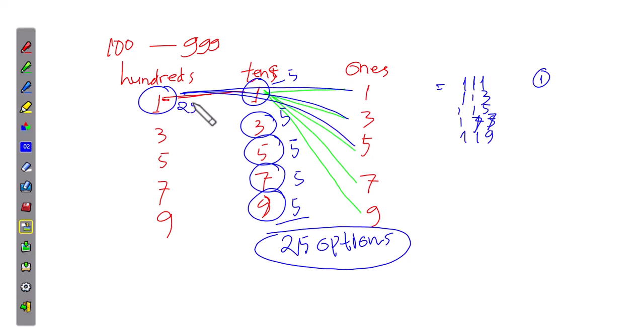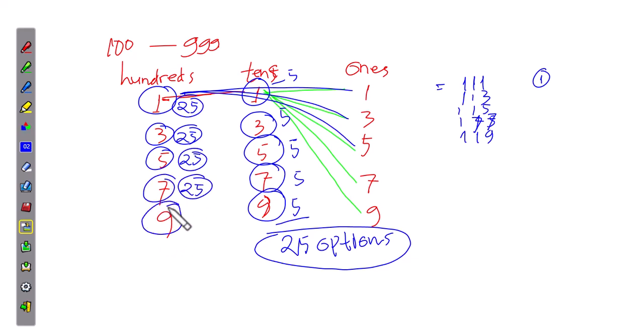How about the second hundreds, 3? We will have 25 options as well. This one, 25 as well. This one, 25. And this one, 25. So the total number of three-digit numbers which contain only odd digits must be 125. So this is the answer.